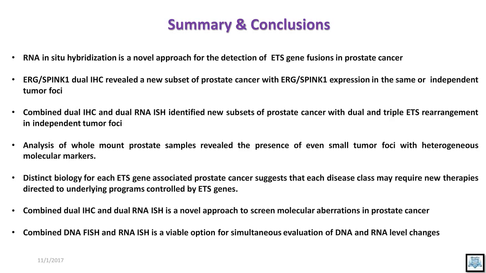By combining dual IHC and dual RNA-ISH, we identified a new subset of prostate cancer with dual or triple ETS gene rearrangements. Analysis of whole-mount prostate samples revealed even smaller tumor foci with heterogeneous molecular markers. The distinct biology of ETS gene-associated prostate cancer suggests that each disease class may require new therapies.